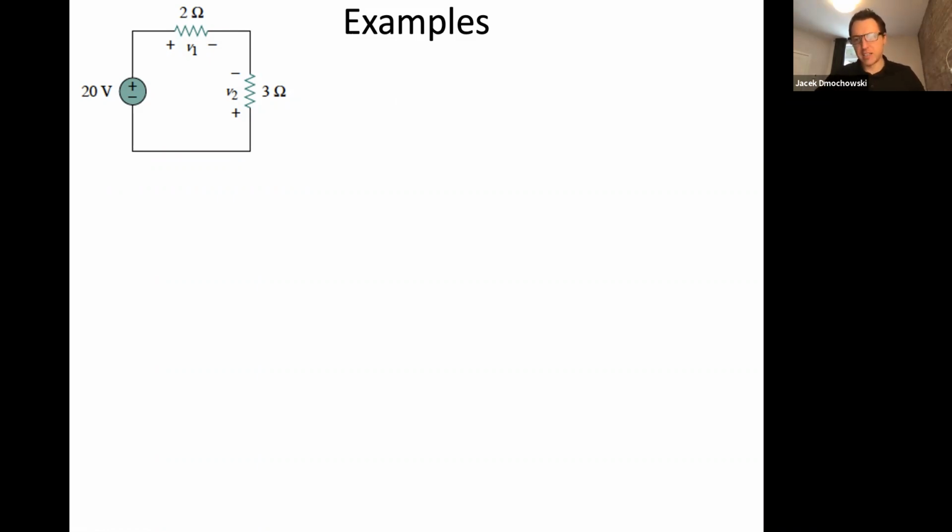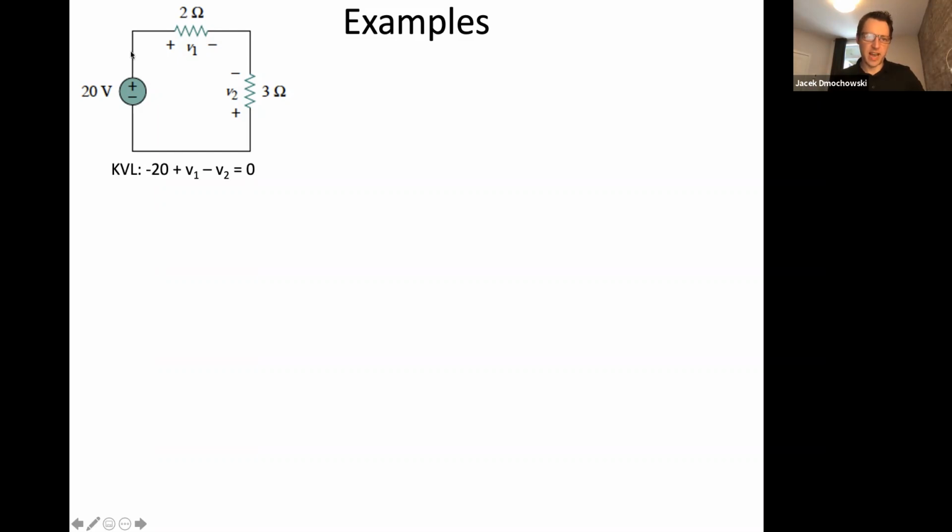That is one of the laws, yes. And we need one more, right? Because we have two unknowns, so we need two equations. Yep, KVL. So I'll start you guys off for this one.